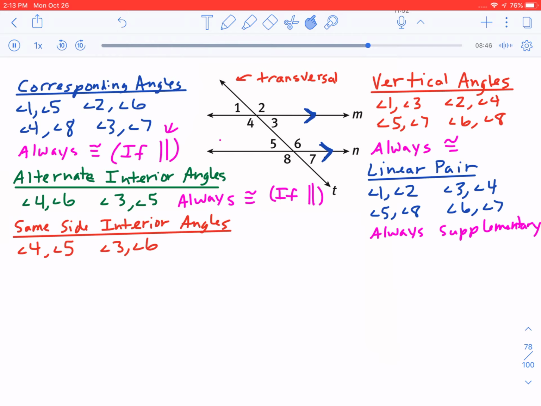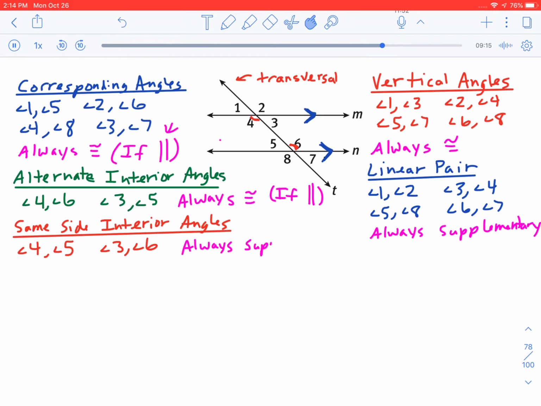However, using alternate interior angles, angle 4 and angle 6 are congruent, right? What I also know about angles 5 and 6 is that they form a linear pair, so the two of those have to add up to 180. So in a very quick way, we discover that same side interior angles are always supplementary.